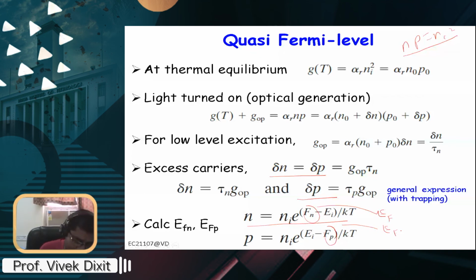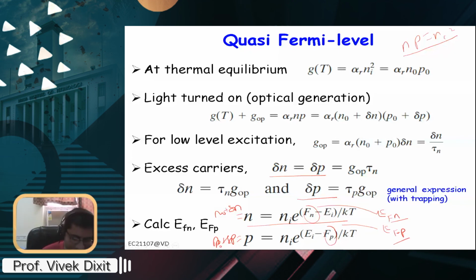So we define them as EFn and EFp, or simply Fn and Fp. From the carrier concentrations, n naught plus delta n and p naught plus delta p, using these expressions, you can calculate these two Fermi levels.